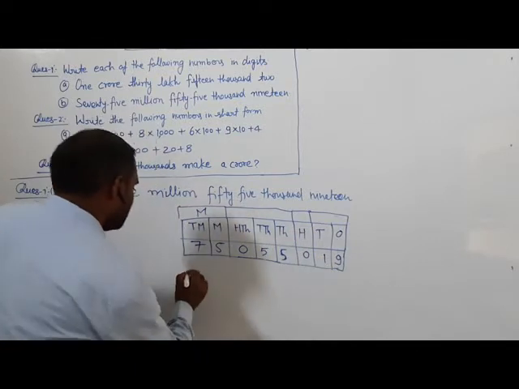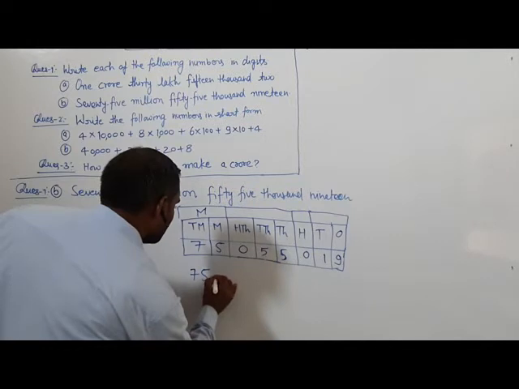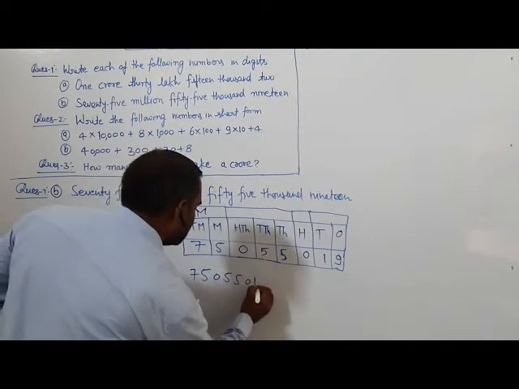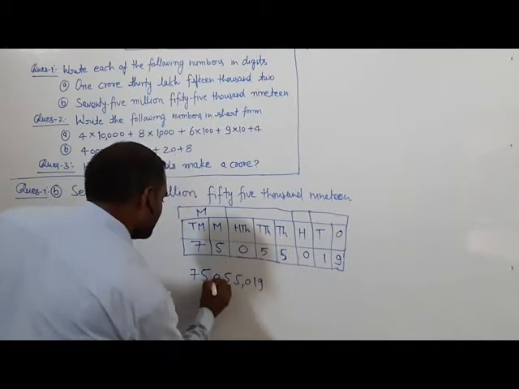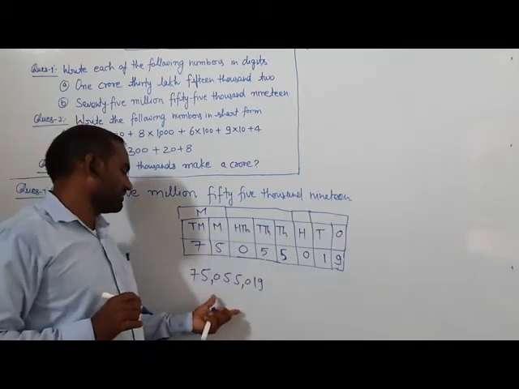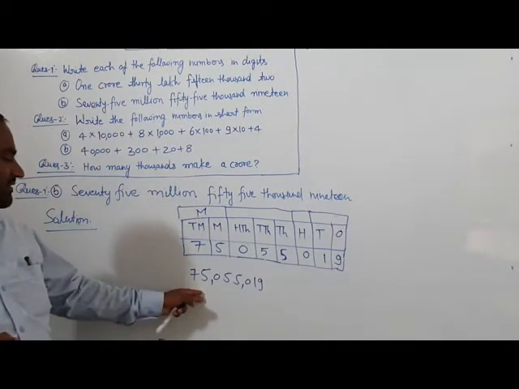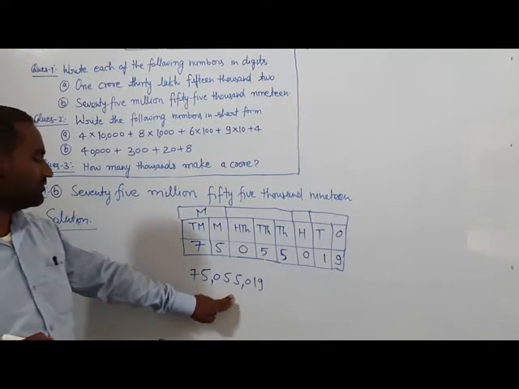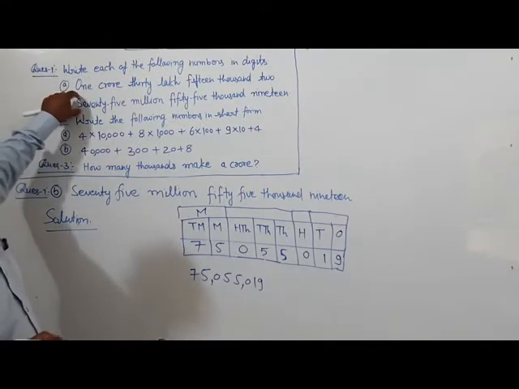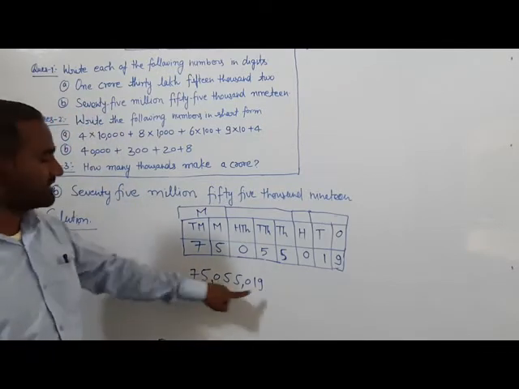You can write this as 75 million, 55,000, 90. We have to use count periods after 3 digits. So this is 75 million, 55,000, 90. This is the representation of option B in digits.